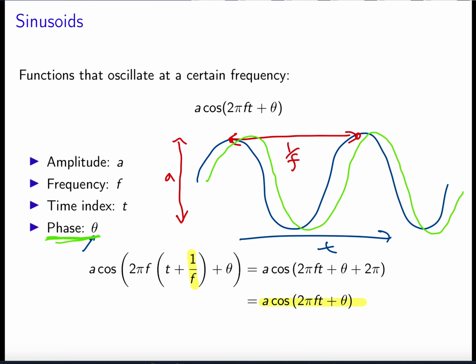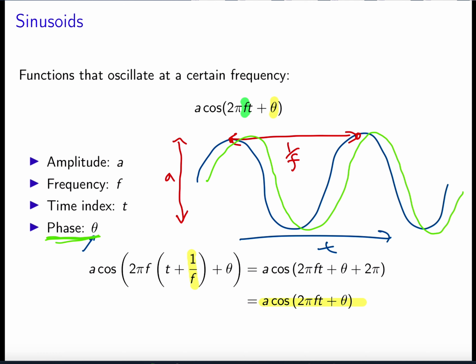Okay, so now what we're going to want to do is to represent functions in terms of sinusoids in order to separate components that correspond to different frequencies. And for that, basically, we're just going to build a family of sinusoids that have different values of f. The issue is that we need to also take into account that such sinusoids could have different values of theta.